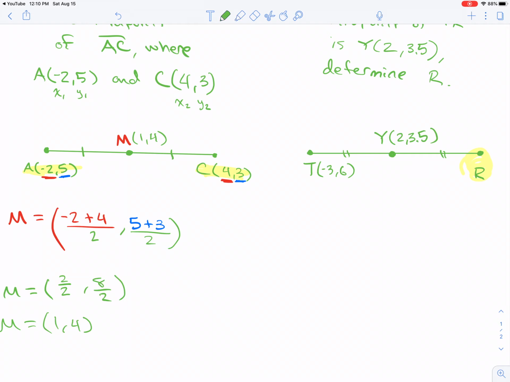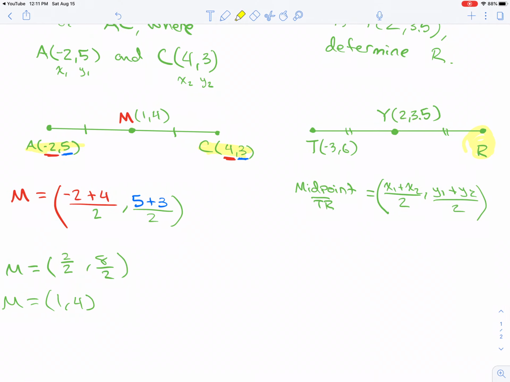All right, so here's what we know. So the midpoint of segment TR is equal to x sub 1 plus x sub 2 over 2, y sub 1 plus y sub 2 all over 2. Well, what's kind of different this time is that we actually know the midpoint of segment TR.